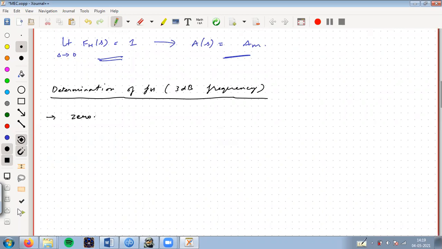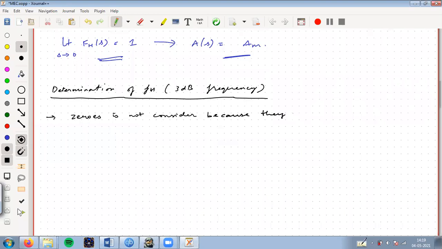Zeros are not considered, or even if they are there, they are very far away that they will not actually affect the transfer function.